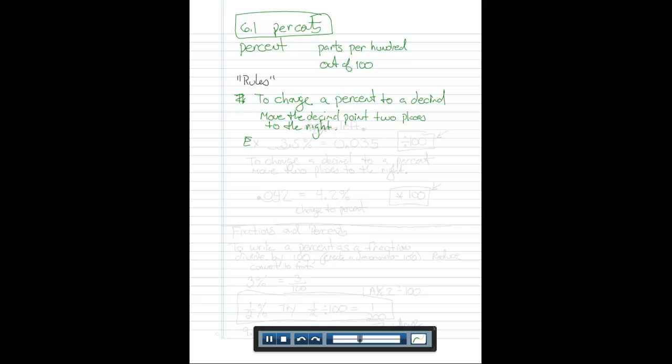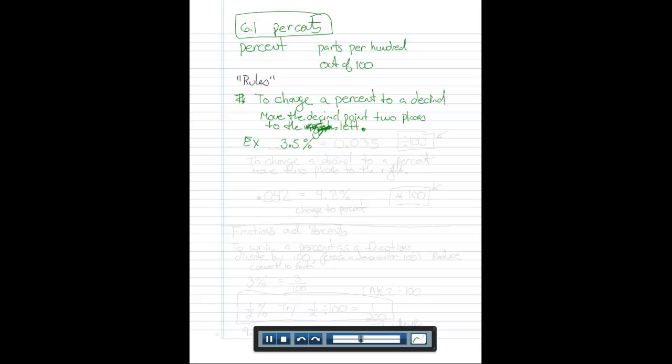For example, 3.5%, to change a percent to a decimal 2 places to the... again, I think of the pictures, not the rule personally, but as soon as I thought this through, I was like, oh, that's the wrong way.